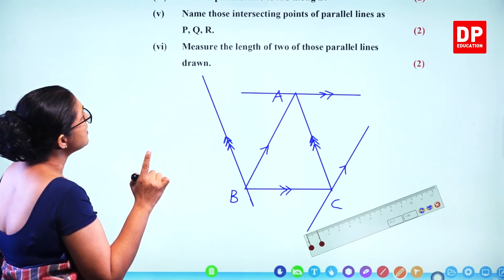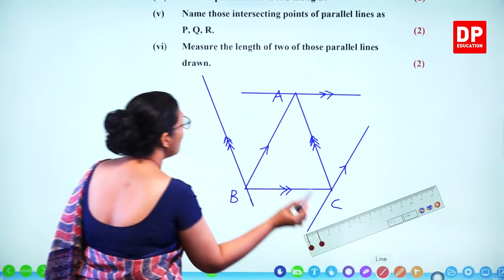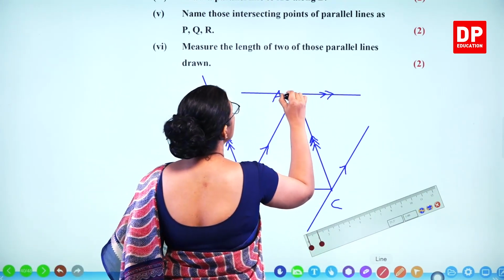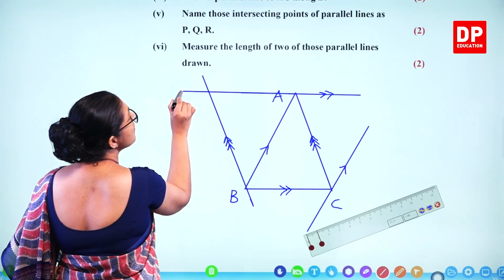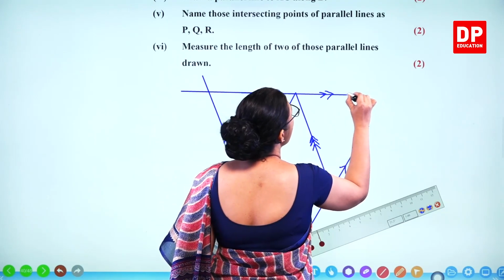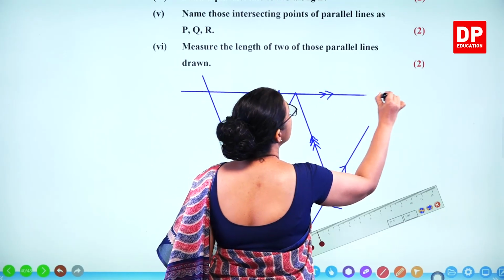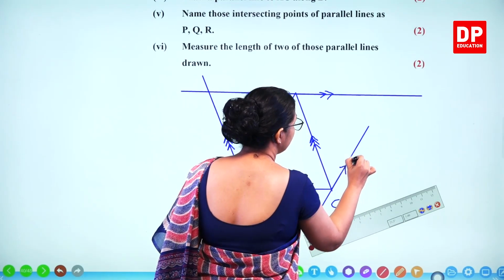Name those intersecting points of parallel lines as PQR. So we need to connect all these points. So let's extend these lines. So this one, and extend this line, and here this line.